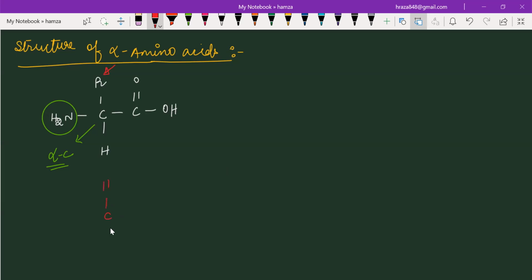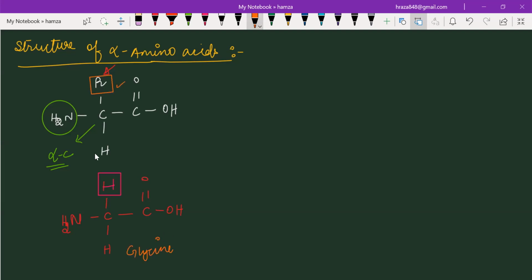That means R is replaced by H, and there is NH2, and the same structure like this, C double bond O. R is basically an alkyl group, and this is basically our glycine.